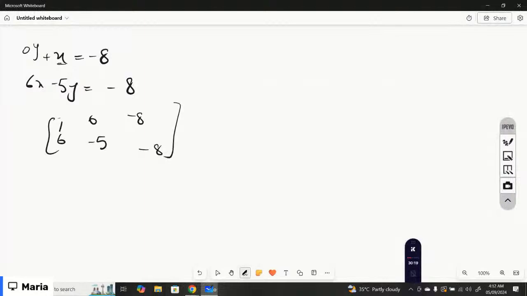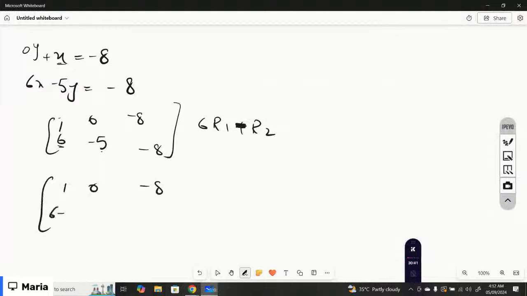So this is already in the form 1 0. Here you have to make 0 and here you have to make 1. First we are going to make 0 over here. So you have to multiply the first row by 6 and then subtract it from R2, not add, because 6 minus 6 makes 0, right? That is 1 0 negative 8.